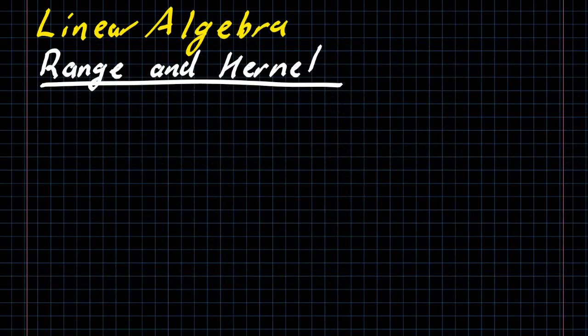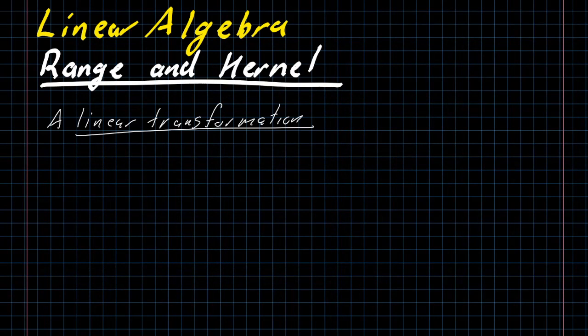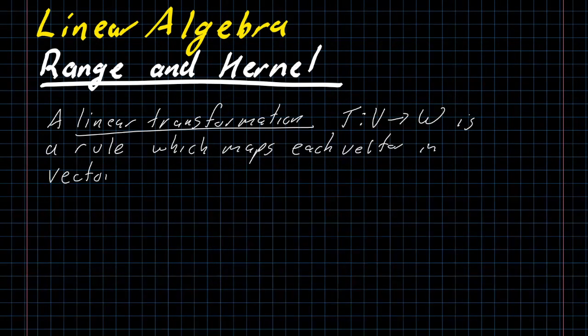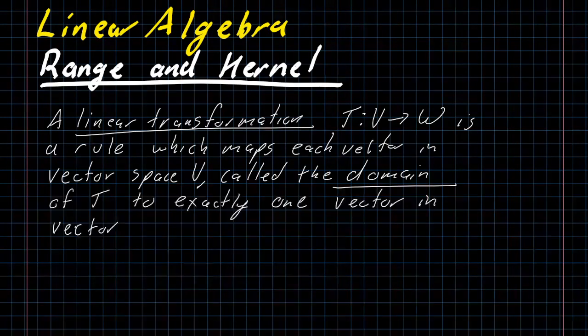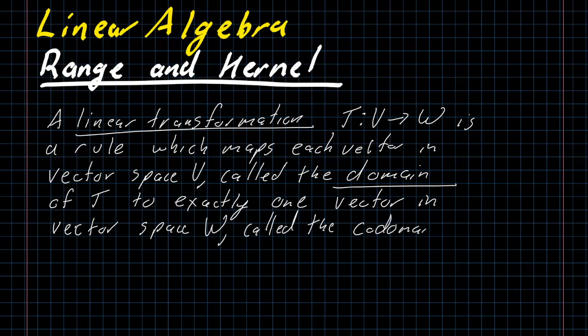Before I can get to that, I suppose I should quickly review that a linear transformation is any rule which maps each vector in a vector space V, which we call the domain, to exactly one vector in another vector space W, which we call the codomain.